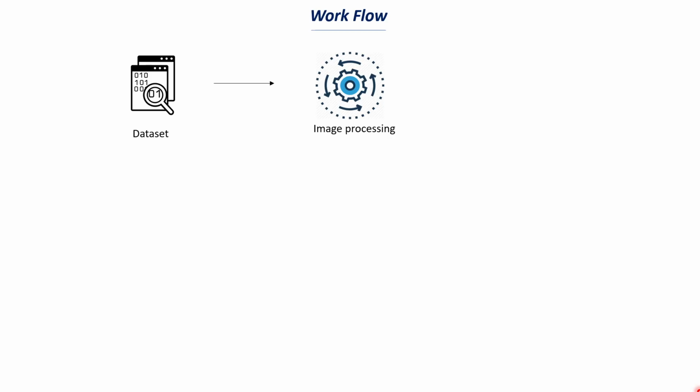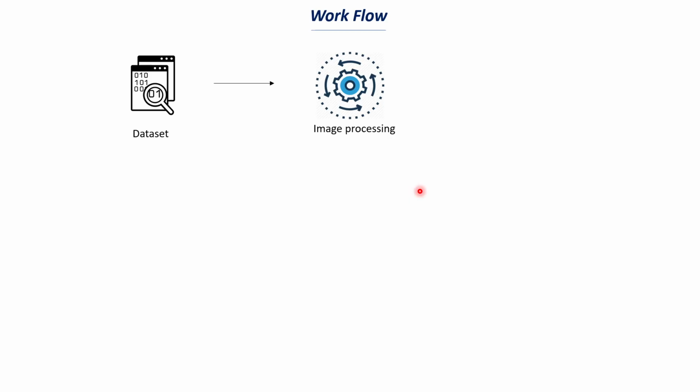And after that, in some cases, we will try to convert these RGB images to grayscale images. You can consider RGB images as colored images and grayscale images as black and white images which have only one color channel. So these are some of the image processing tasks that we have.